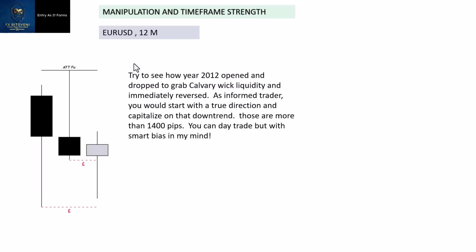Because there are more concepts about entry models, cycles, whatever we discuss in mentorship. But the power of this is to show you how to identify direction, right? So that you can trade with smart bias in your mind. Hope you understand this.